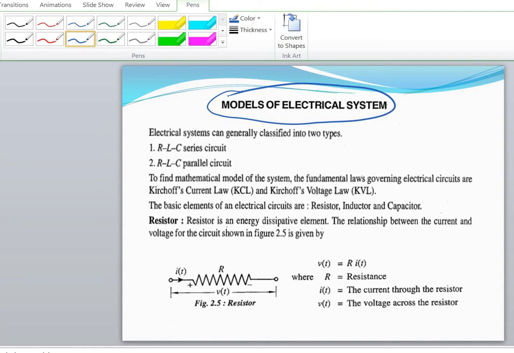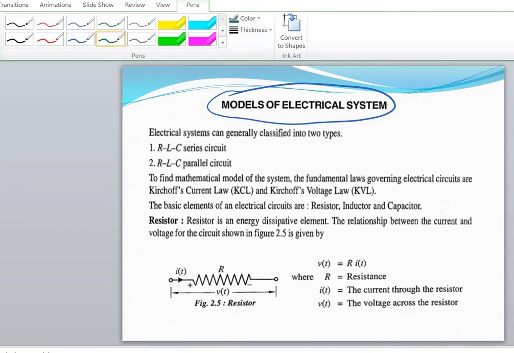Two types of systems. And in mechanical systems, the basic elements that come into action are the spring, the damper or dashpot, and the mass. These are the three elements which we consider while obtaining the equations of mechanical systems.